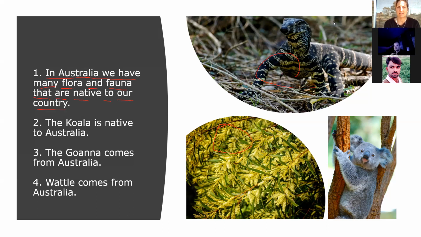This lizard is a goanna. Or wattle. Wattle is this type of plant, the flora. Wattle comes from Australia. So there are many options. Do you feel ready to talk about your own country? How you could talk about the flora and the fauna in your country?